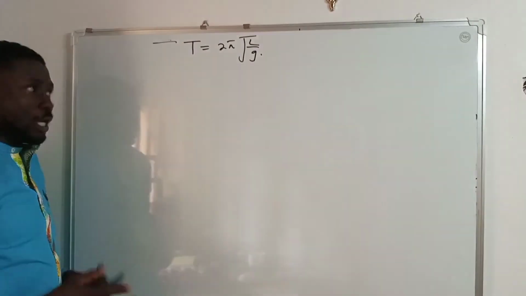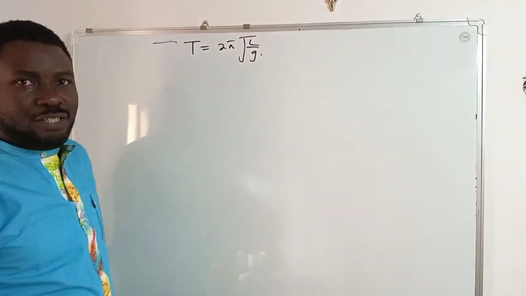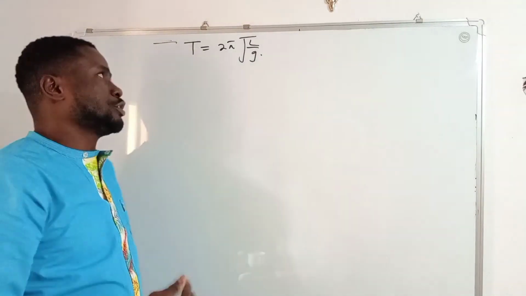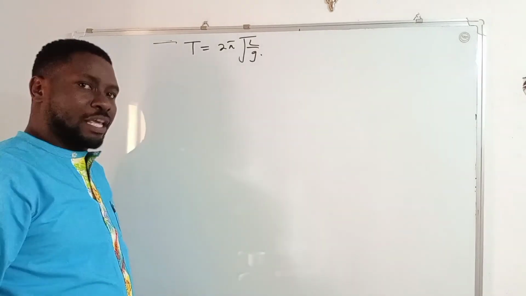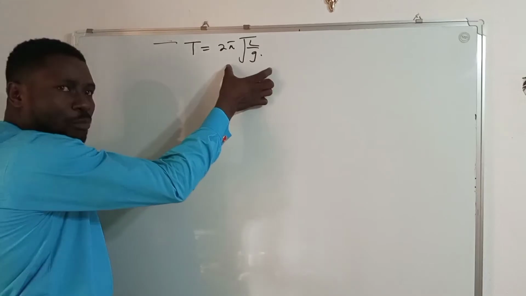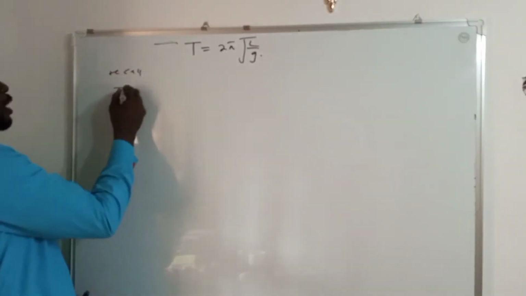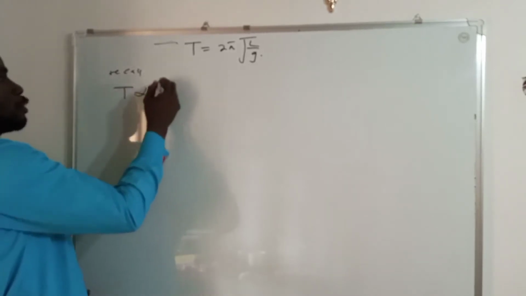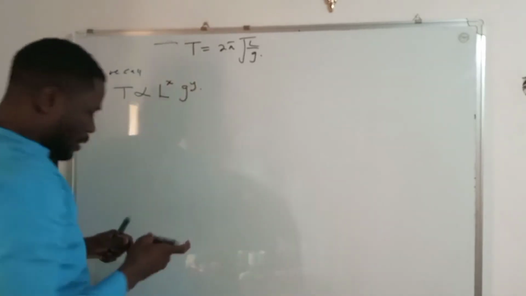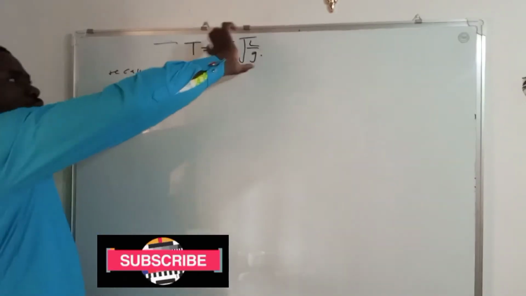I told you earlier that one usefulness of dimensional analysis is that it can be used to derive a formula or an expression, and this particular question is one of its applications. The question said we should derive this formula, and at the same time, we were given that the period of a simple pendulum is directly proportional to L raised to power x, g raised to power y. So we're given this, from which they expect us to get this.